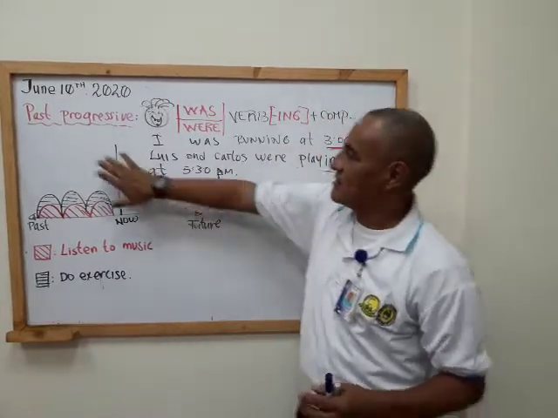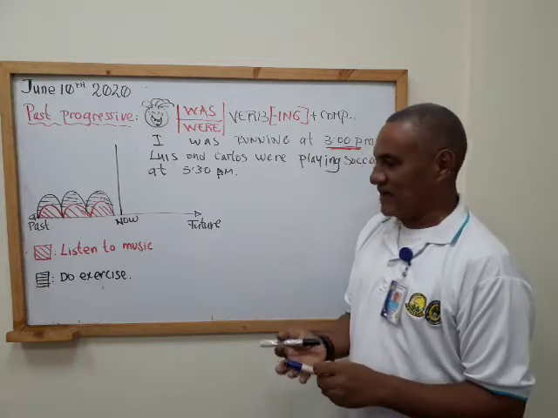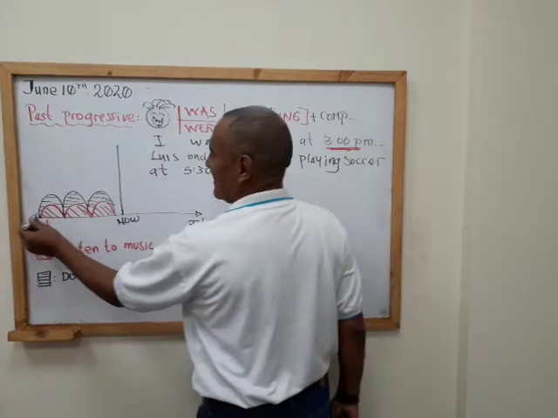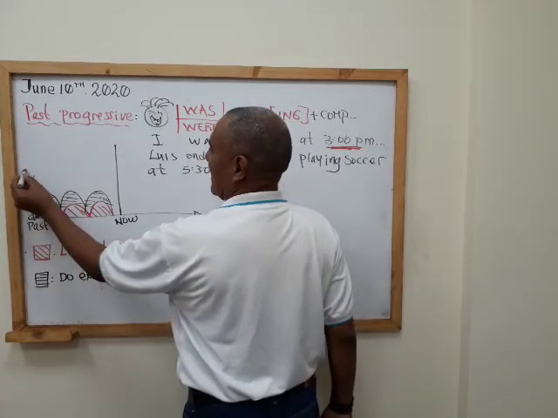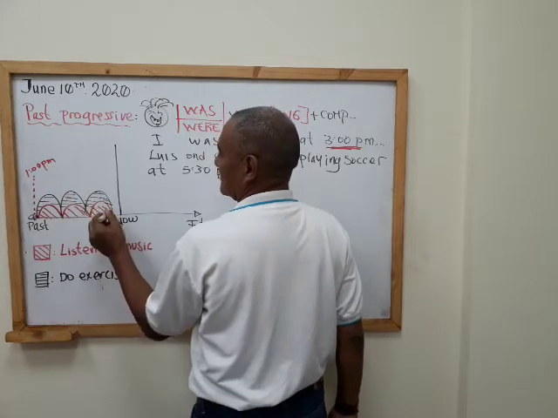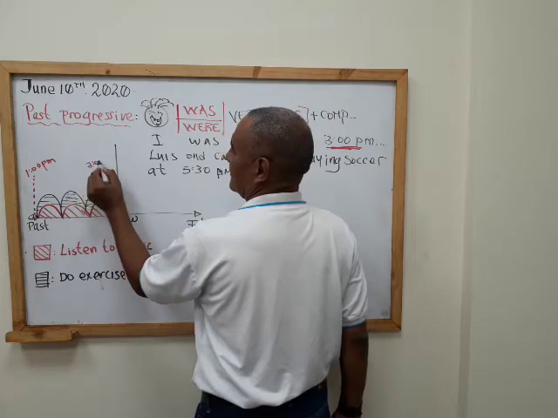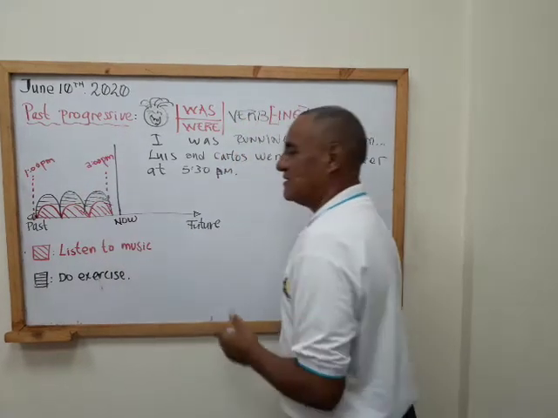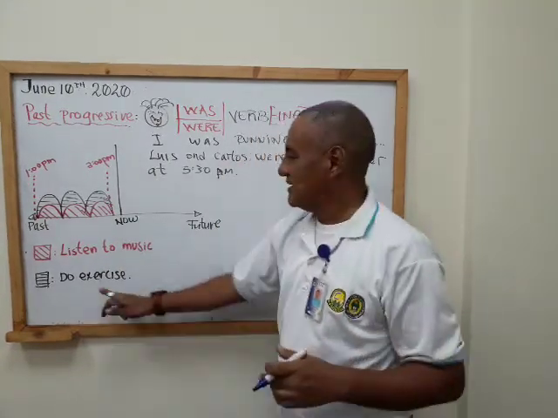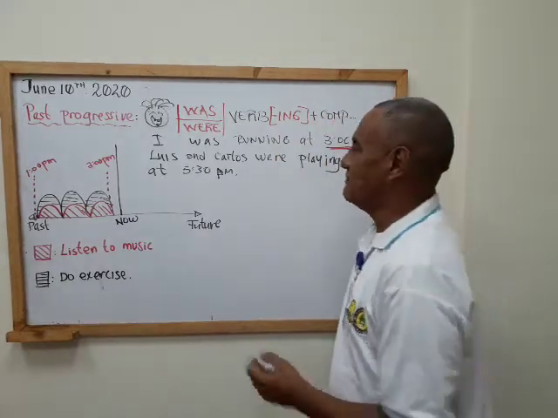As you can see here, there are two activities that were in progress in the past, alright? They began at 1 p.m. and finish at 3 p.m. There are two activities. The red one, listened to music, and the black one, do exercise.